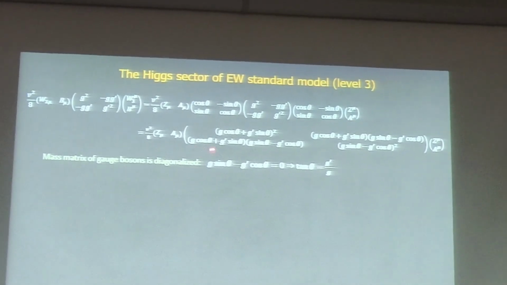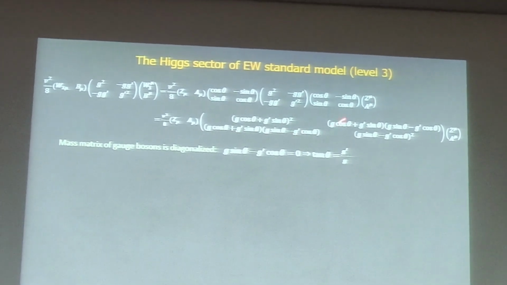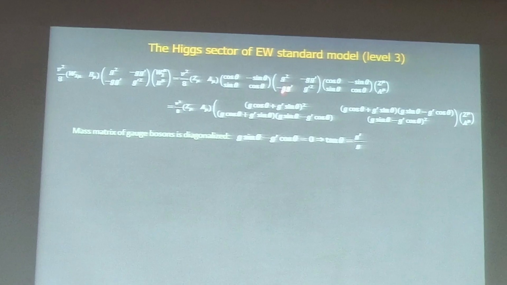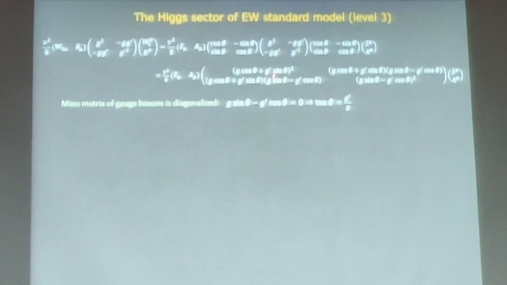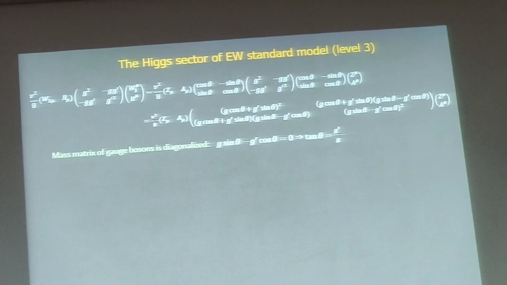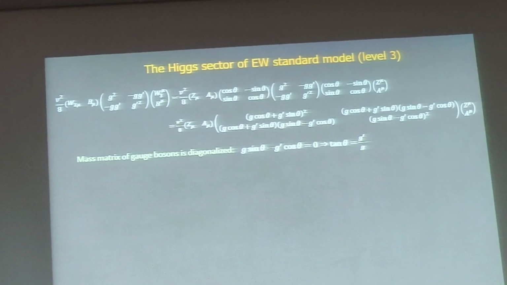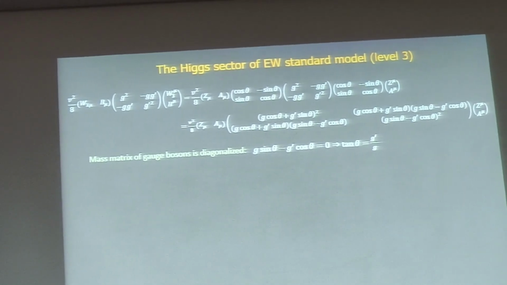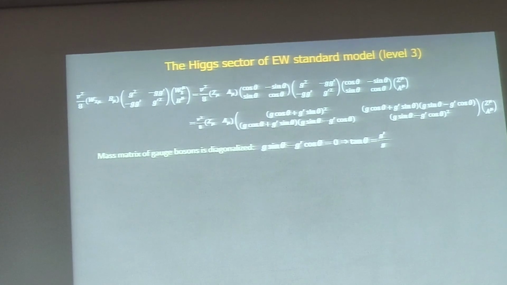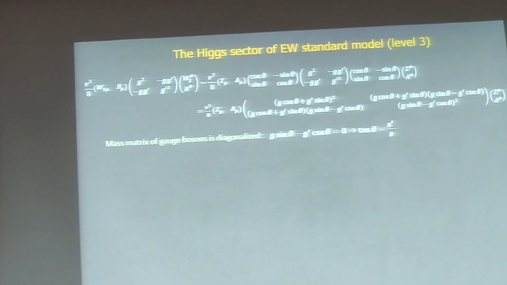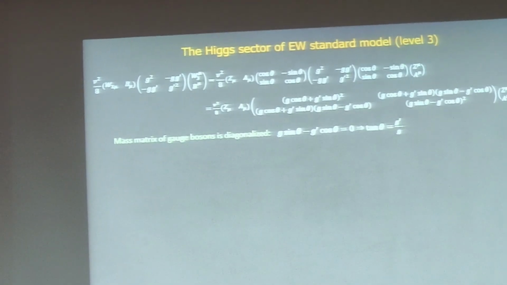Now if I say that this factor is 0, then obviously the off-diagonal term becomes 0. But what happens to the diagonal terms? The first diagonal term is actually the square of this factor which I am taking as 0. So the first diagonal element also becomes 0, but obviously the second will not be 0. So if the first diagonal element is 0, then the mass of the Z field will be 0 and the mass of the A field will be non-zero.